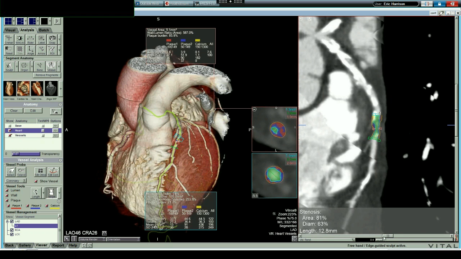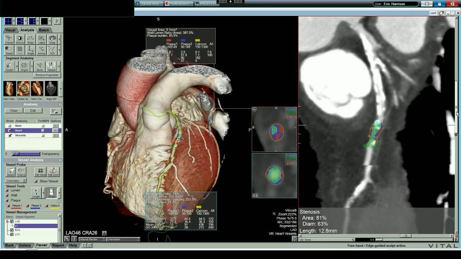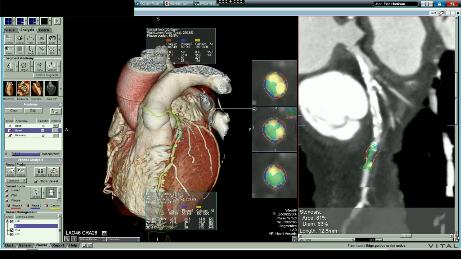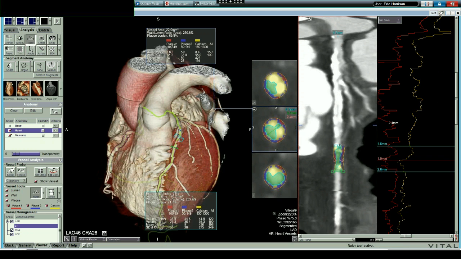And so we were able to measure how far this was from the origin of the main left. And you can come back here, and you can straighten this whole thing out, and then you can measure from the origin of the main left. We get a ruler, we come up here at the origin, and then we come down here to the center of the plaque, and we get about 52.4 at the center of this particular plaque.